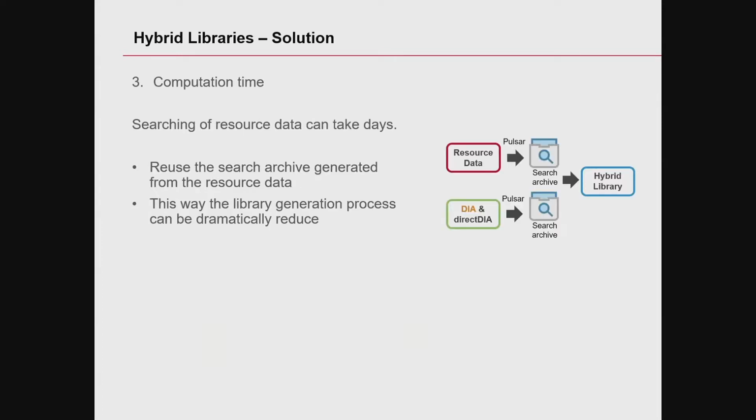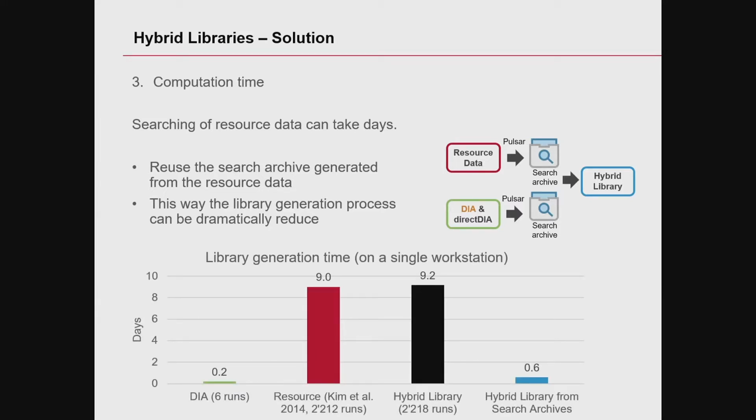And then in terms of computation time, what you can obviously do, and the other tools can also do that, is search your resource data only once and store the intermediate results. Then you can combine it afterwards into hybrid libraries based on the intermediate results, which we call search archives. If you are doing this, you can bring down the generation of your hybrid library to less than a day for a normal experiment of a couple of dozens of DIA runs.